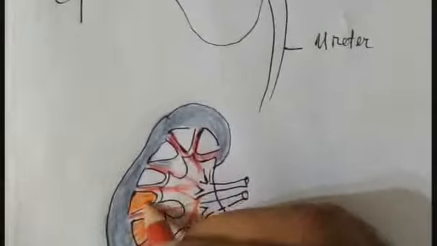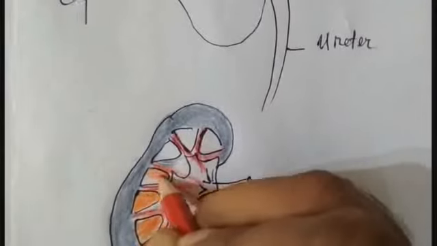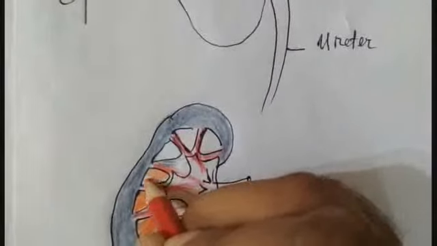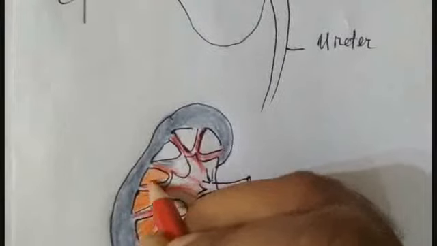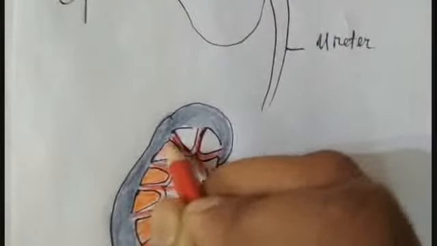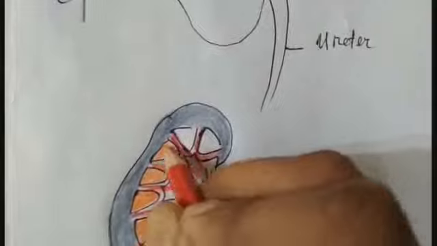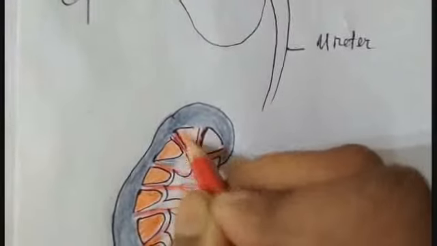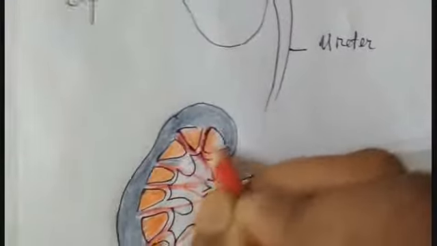The end part is connected with a collecting tubule, where 5 to 7 renal tubules come in contact to form the duct of Bellini.